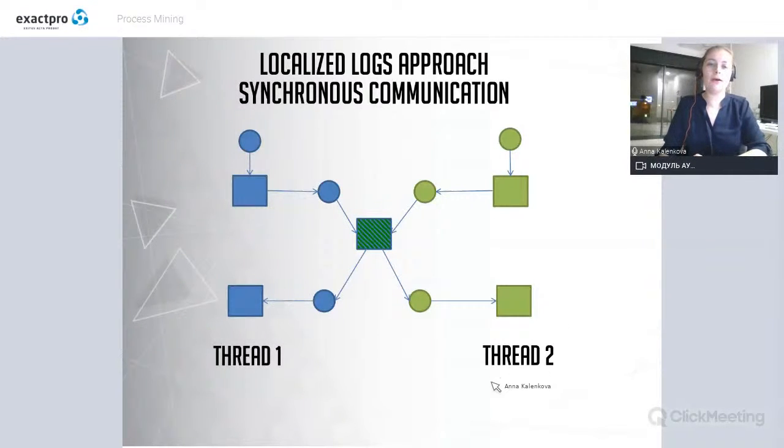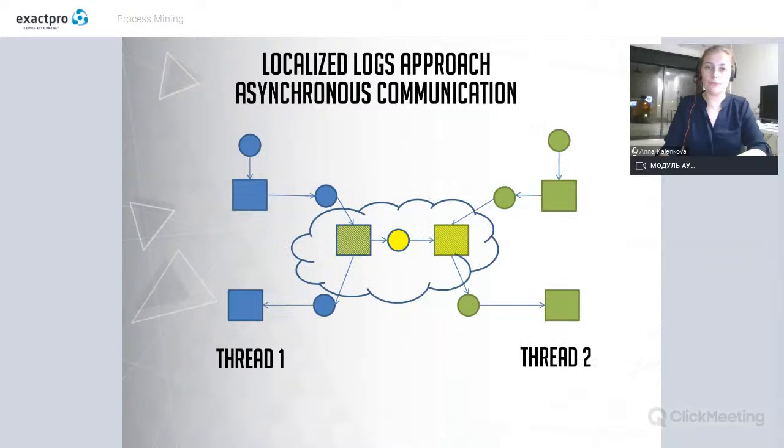So this is a very simple synchronous communication of two threads. There can also be asynchronous communication, where one thread passes a token to another. You can consider that as sending a message. So we have thread 1, and here we have a transition that sends a message to another transition or activity of thread 2.